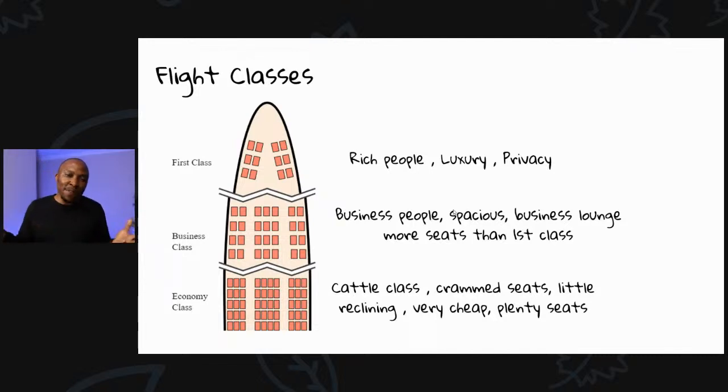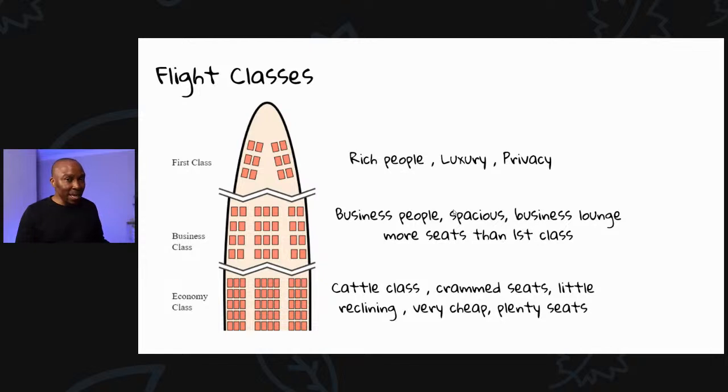So what does that have to do with IP address classes? We have 3 classes of IP addresses. We have a class A, class B, and a class C. And depending on which class it is, that determines the number of IP addresses that you can use.